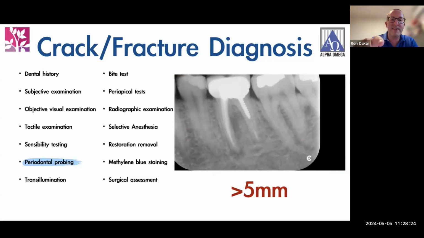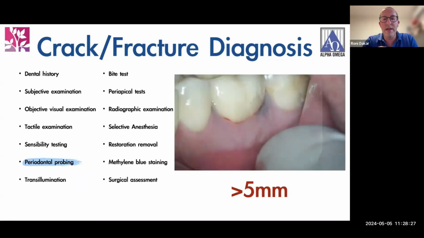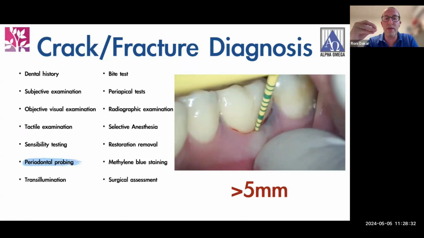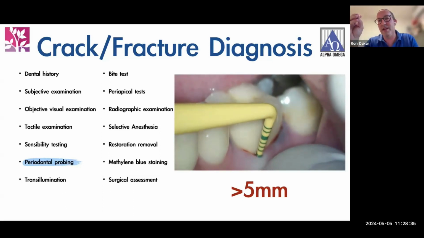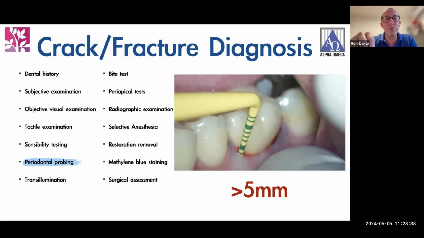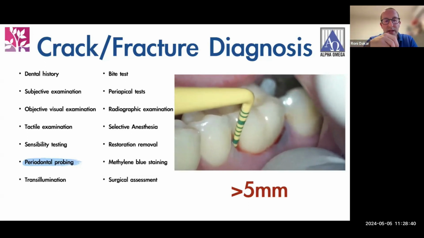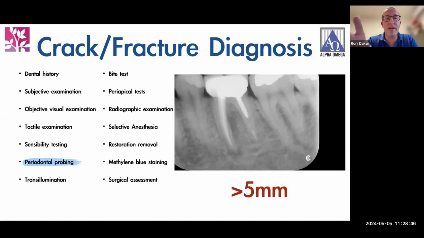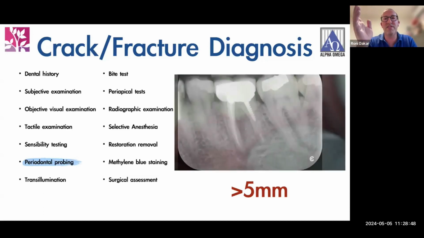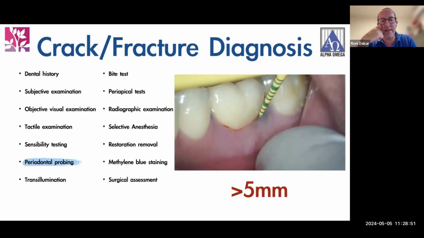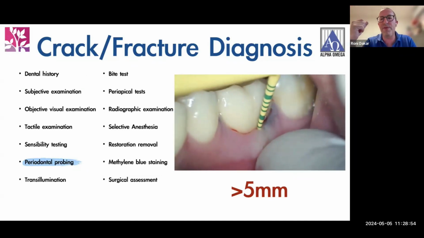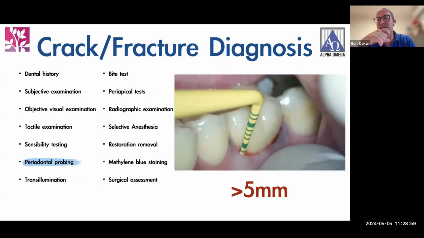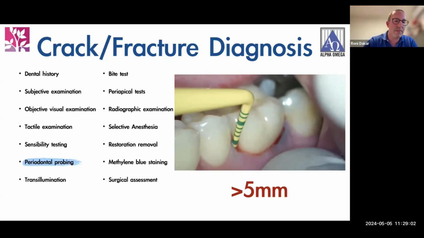A plastic probe is more flexible than a metal probe, and therefore it is easier to flow with it into the crack, into the narrow pocket, especially with crowned teeth, because often the emergence profile of the crown doesn't match the emergence profile of the tooth, and there's an angle between them, and a metal probe will be much harder to flow into a pocket with these differences in angles.